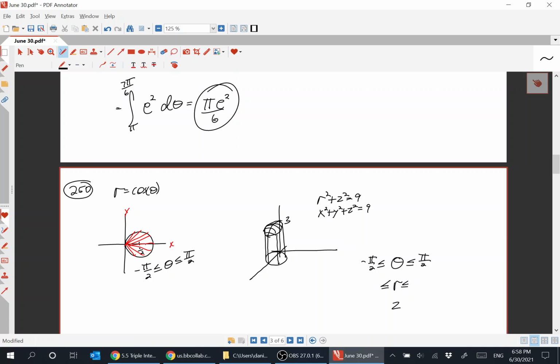How? The radii are bounded by what? Zero and cosine theta. Right. And then z bounded how? You start at the xy plane, then you go up to that sphere.